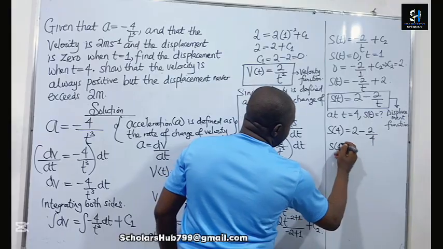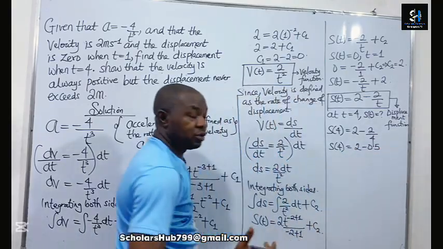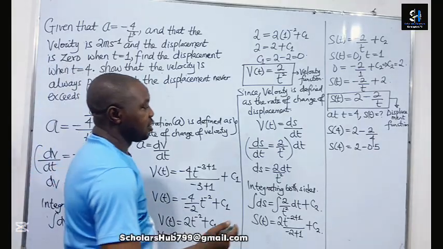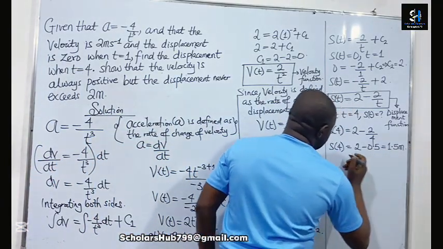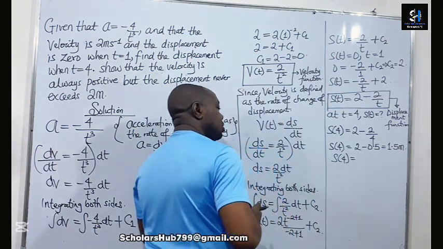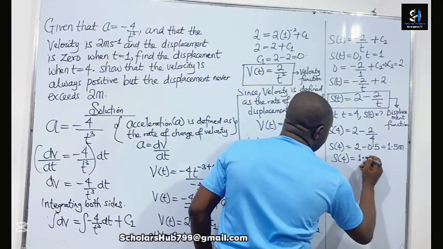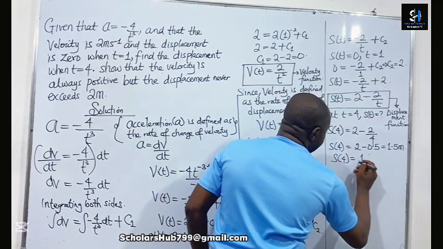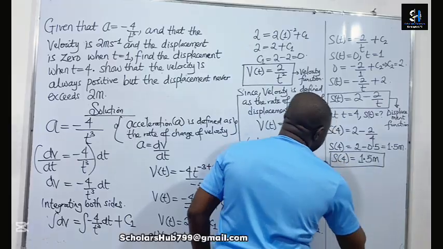So S of 4 will be equal to 2 minus 0.5. 2 divided by 4, that will be 0.5. And then this will be equal to 1.5 meters. So the displacement when the value of t is equal to 4 seconds is 1.5 meters.